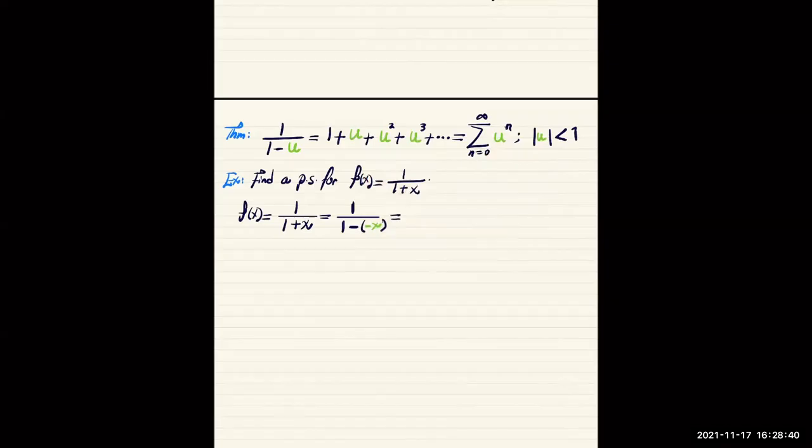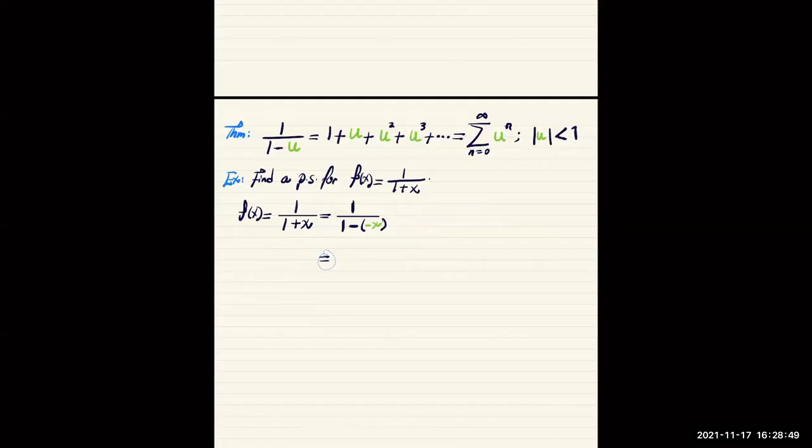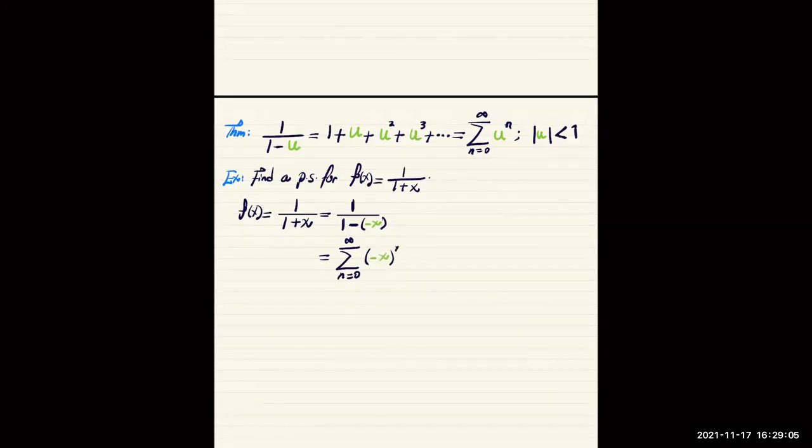You can write it in expanded form. You can write it in series form. Let's just write it in series form. In summation form, going from 0 to infinity, I'm going to replace u with negative x. So negative x to the power of n.